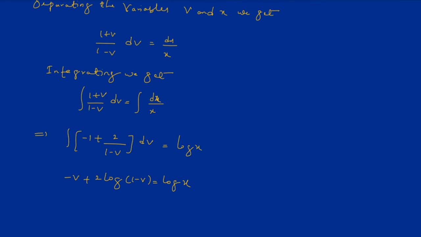So again, this can be written as, taking this term to the LHS, it becomes log x minus 2 log of (1 minus v) plus v, which is equal to constant c, right?